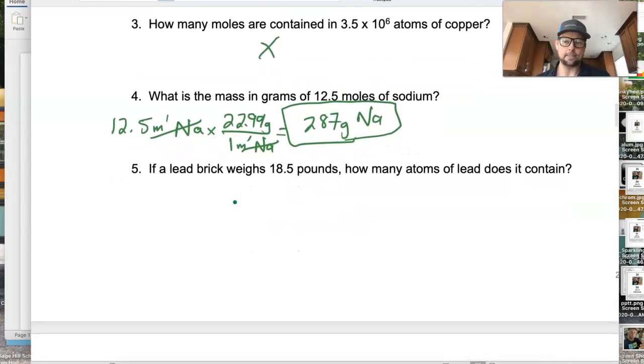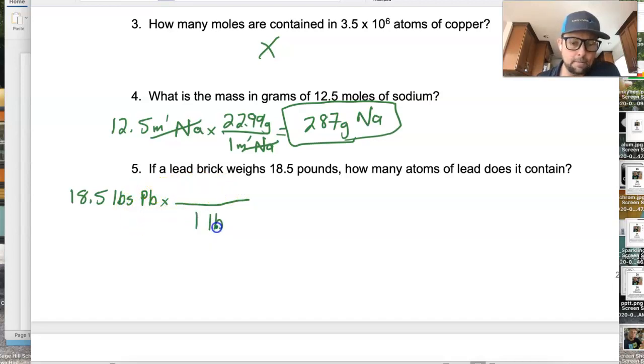This last one's a little tougher because it's a multi-step problem, 3 actually, because we're given pounds of lead and we have to convert that first into grams, because our molar masses are in grams per mole, then convert to moles, and lastly convert from moles to atoms. So 3 steps. We're going to say 18.5 pounds of lead. You might remember that lead is Pb, and that 1 pound is 453.6 grams. It's a conversion that pops up quite a bit.